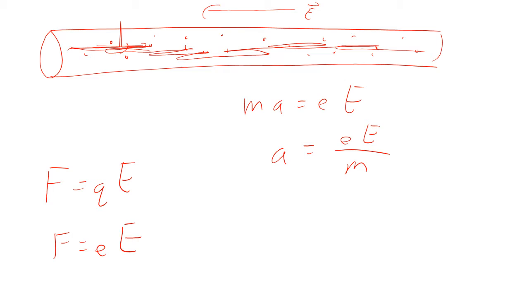So what's the drift velocity? We know that velocity is v naught plus at. Assuming they start from rest, v equals at. Now, if we imagine that there's an average time that it takes to go before it runs into something, then that's going to give you a velocity.